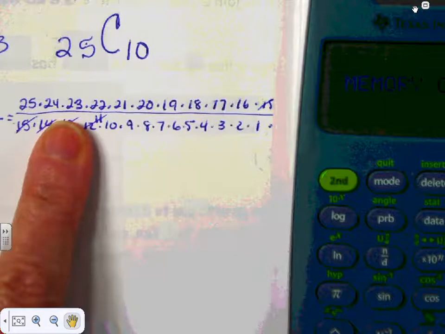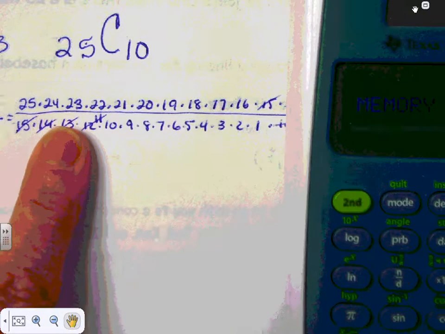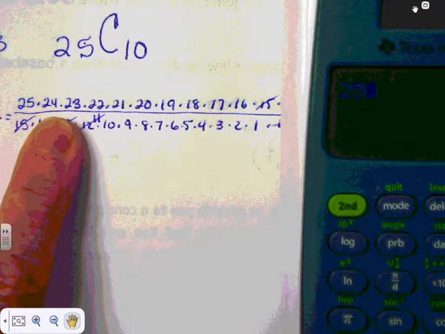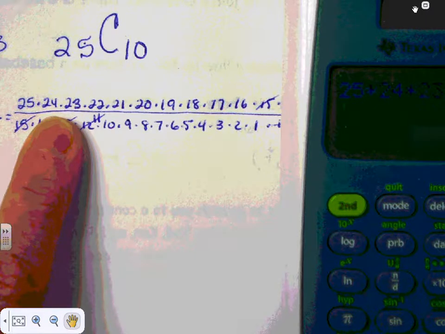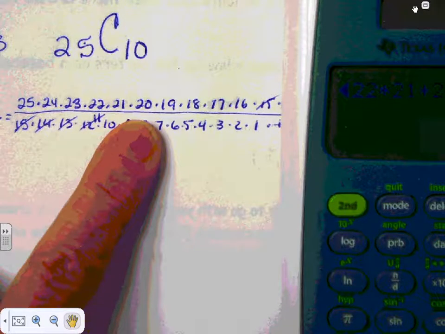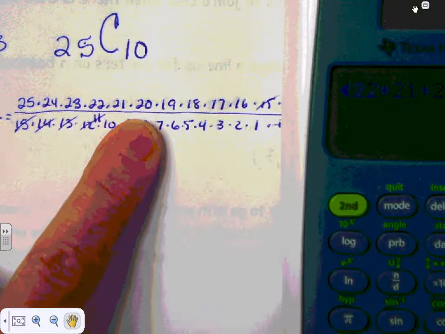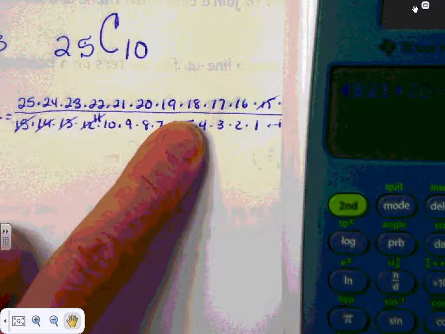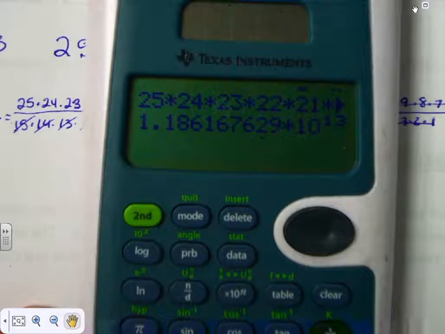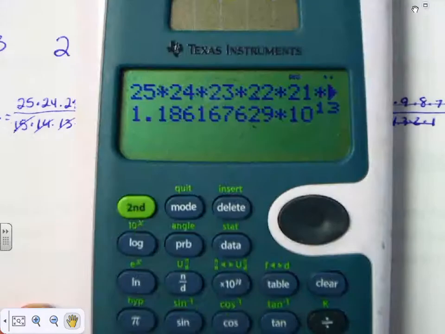Okay, so now we're going to take our calculator and multiply 25, 24, 23, 22, 21, 20, 19, 18, I'm afraid I'm going to mess up, 17, 16, equals a really big, humongous number.